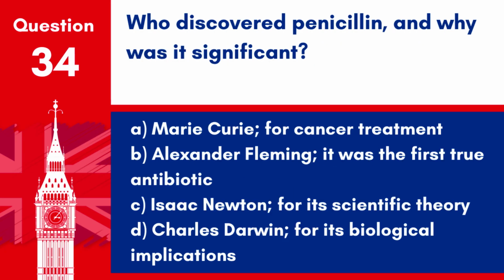Question 34. Who discovered penicillin and why was it significant? A. Marie Curie, for cancer treatment. B. Alexander Fleming. It was the first true antibiotic. C. Isaac Newton, for its scientific theory. D. Charles Darwin, for its biological implications.